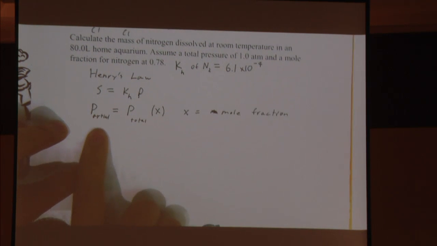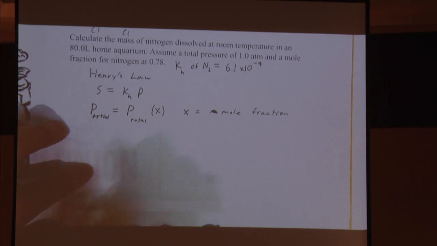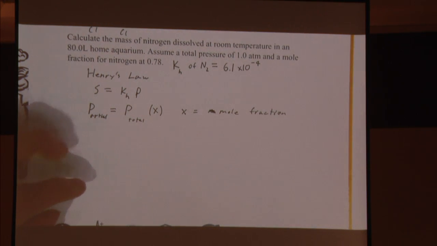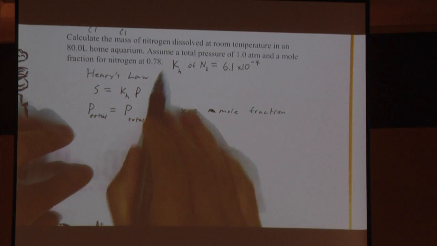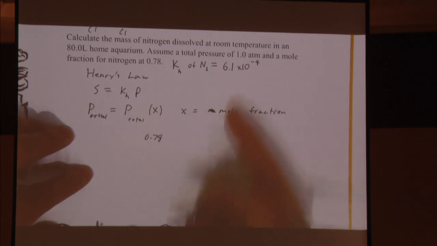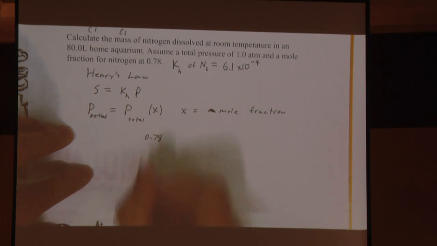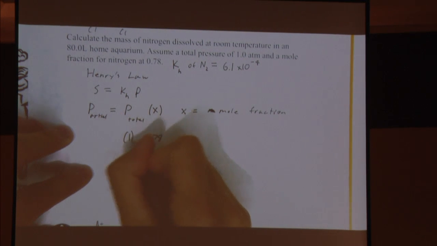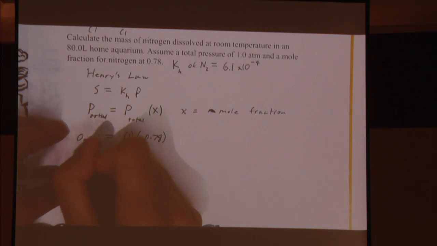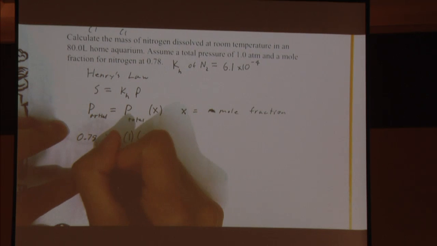We find the partial pressure by multiplying the total pressure by the mole fraction. Our mole fraction is 0.78, and our total pressure is 1 atm. This gives us a partial pressure of 0.78 atmospheres.